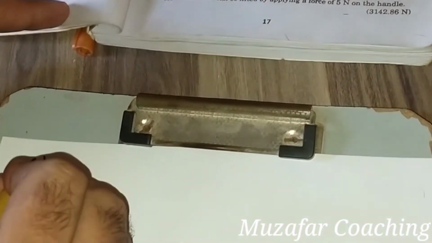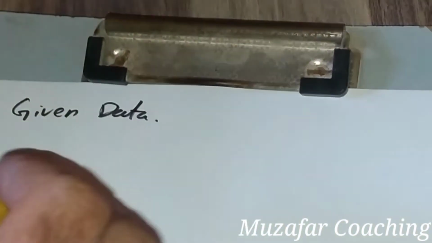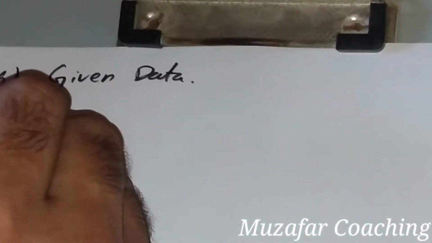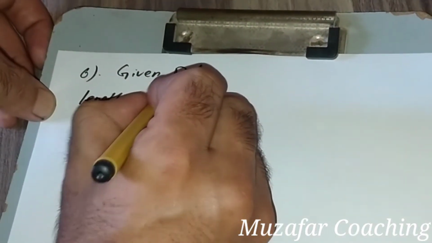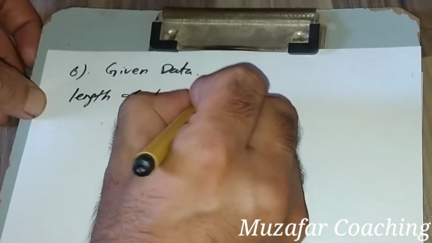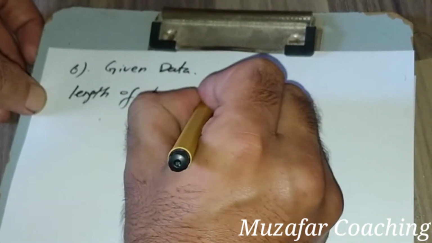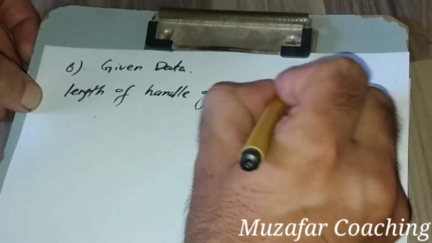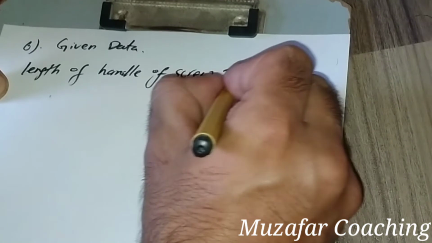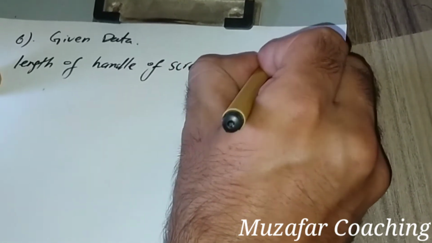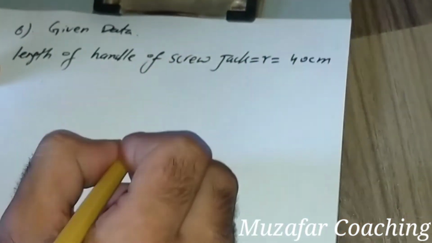So now we will be making the data. The given data is the length of the handle of the screw jack, which is denoted by R, is 40 centimeter.